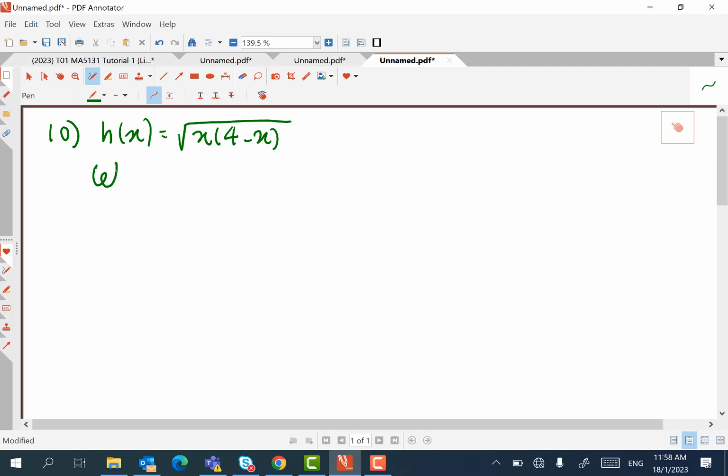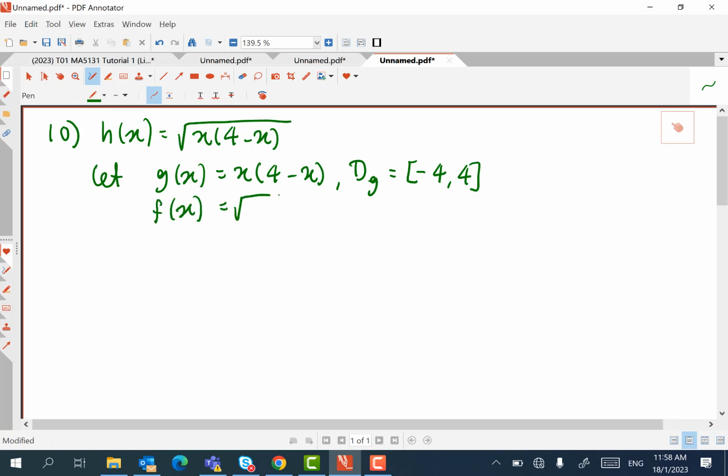You start by defining g(x) as equal to this, and the domain of g is 0 to 4.